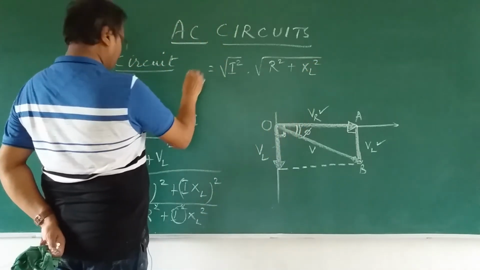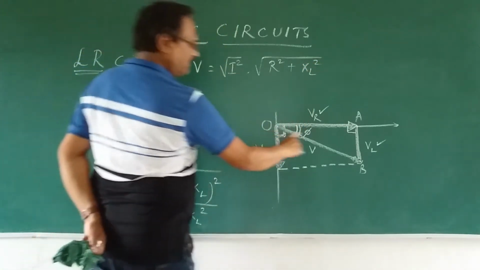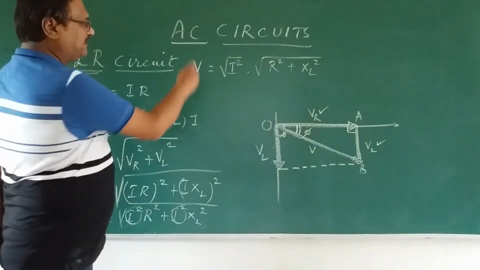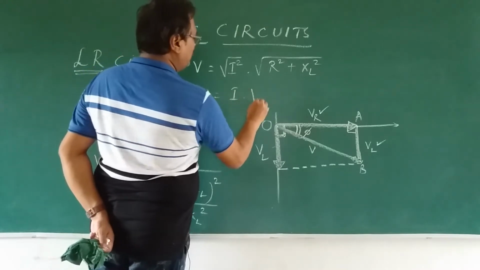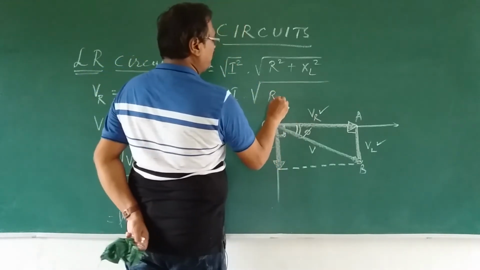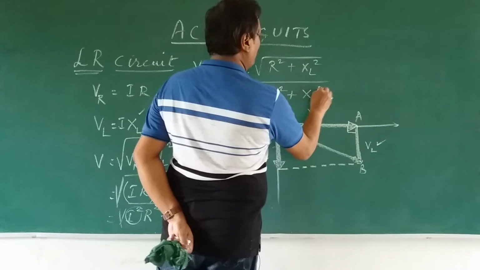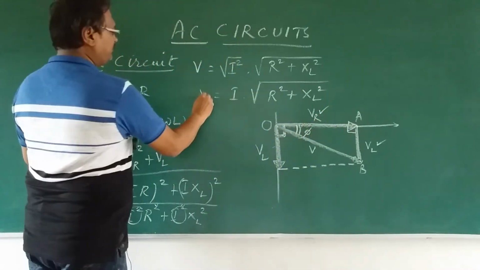This is equal to the resultant potential. The square root of I square is simply I, so V is equal to I into the root of R square plus XL square.